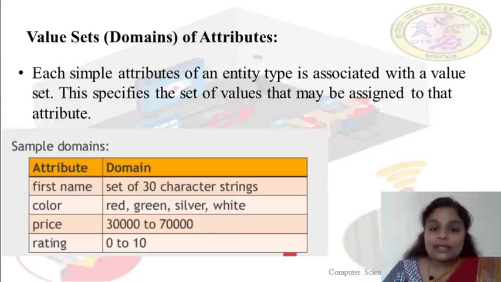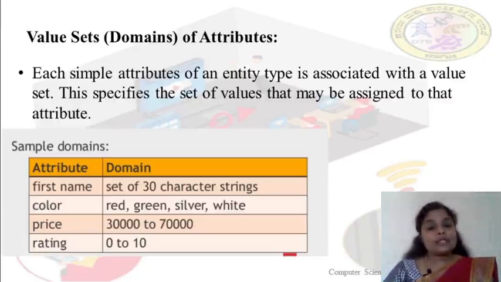Next, the price can take only values from 30,000 to 70,000. The rating I can give only from 0 to 10. Can't I give 100? Can't I give 1000? You can give, but we are limiting it to 0 to 10 in our database design.